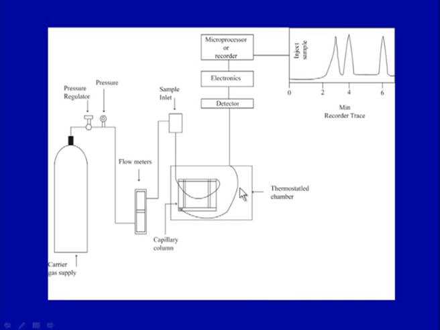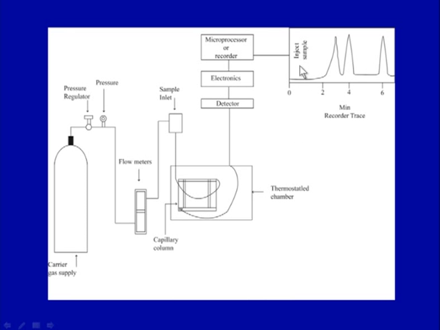The analyte from the column will pass through the detector, and then certain electronics, microprocessor and amplifiers, and finally the data recorder, and you will see the peaks here as you see in other chromatography techniques. So, the principles are the same, based on partitioning between the gas and the liquid phase.